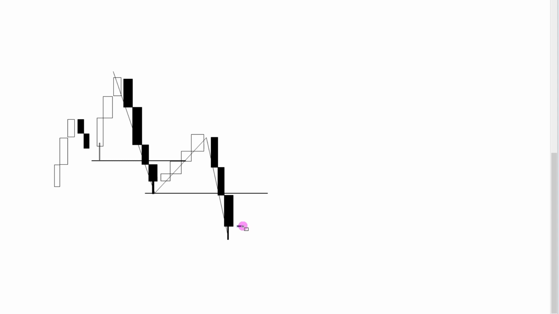So what are the rules of the fourth and fifth wave? If the market prints two consecutive buy candles in retracement, let's suppose this is a buy candle and this is a sell candle, then this lower low is not confirmed. We can say it is a confirmed lower low when the market prints two consecutive buy candles. Here this is our confirmed lower low, and this is our resistance.